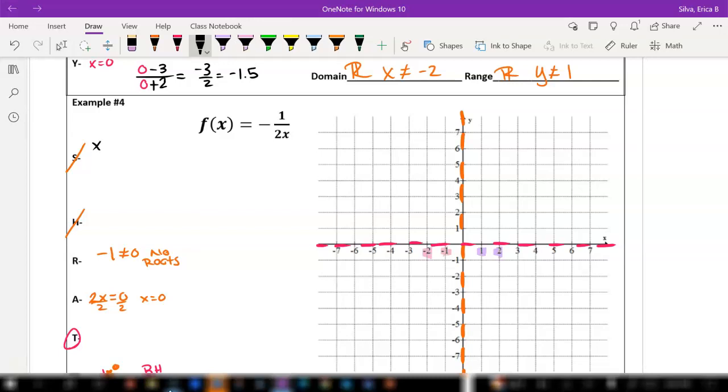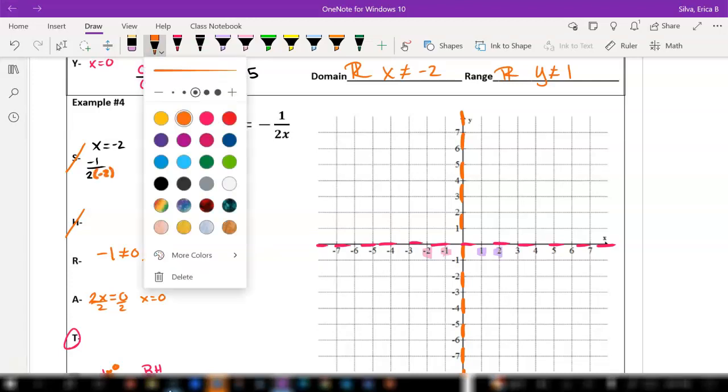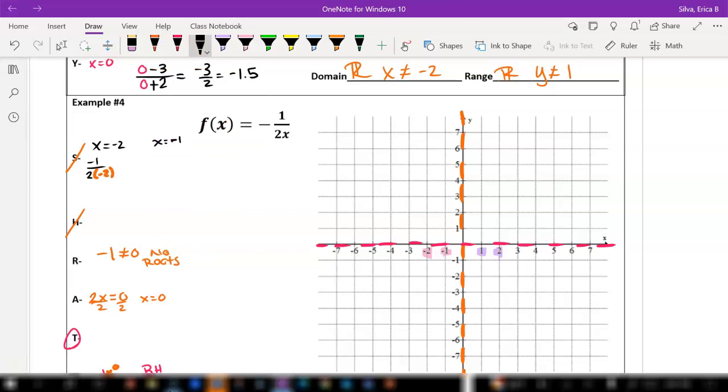Because we didn't use this space, I'm going to go ahead and use it for my test points. We've got x is negative 2, x is negative 1. So negative 1 over 2 times negative 2, and then negative 1 over 2 times negative 1.